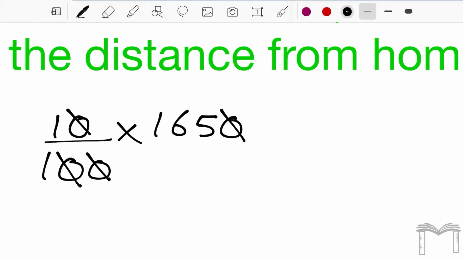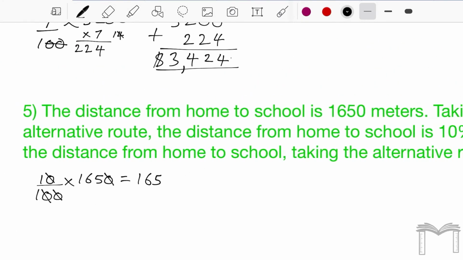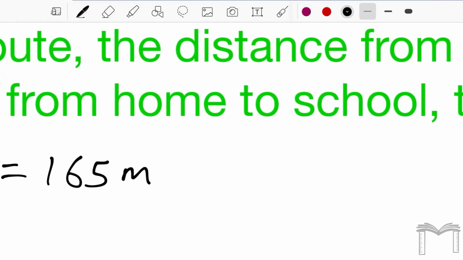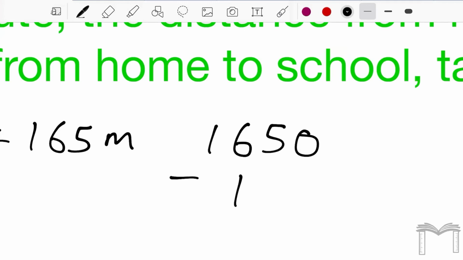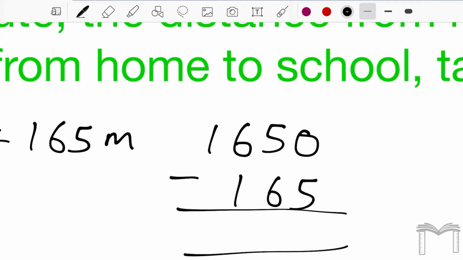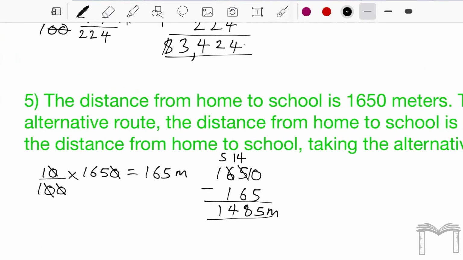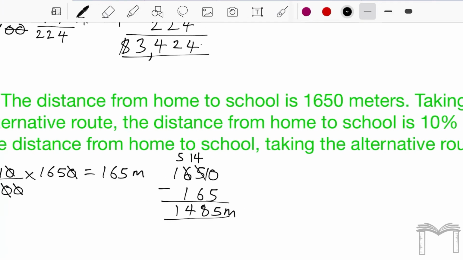So 10% is 165 meters. So less means we must subtract. The alternative route is 1,485 meters.